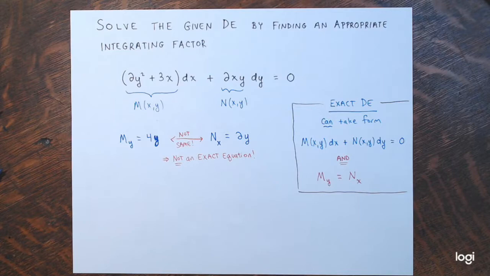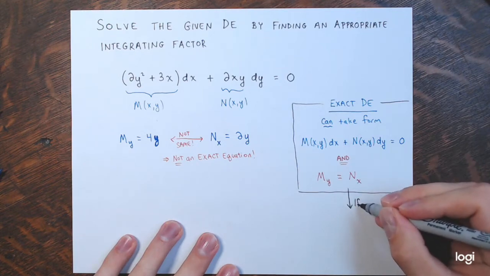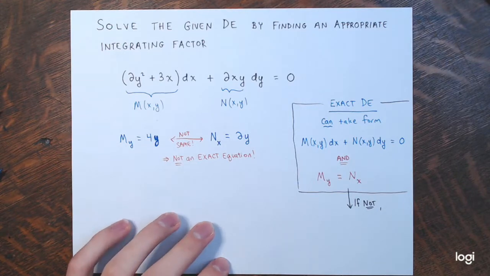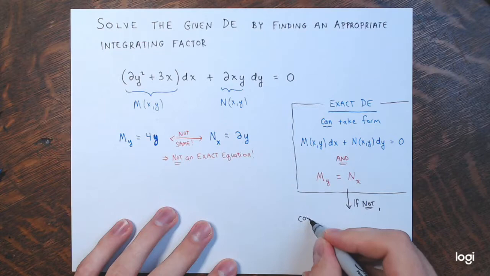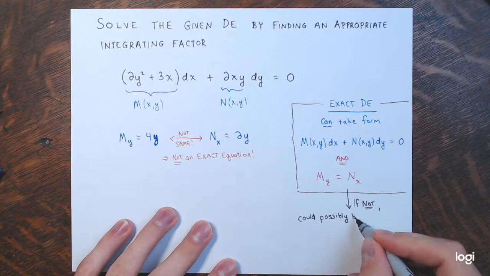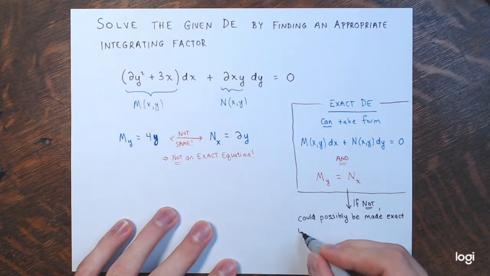Instead of analytically, maybe approached graphically with slope fields, or numerically with something like Euler's method or a Runge-Kutta method. Well, that's neither here nor there. We're not talking about those this time. So I'll say, if not exact, the equation could possibly be made exact with an integrating factor.